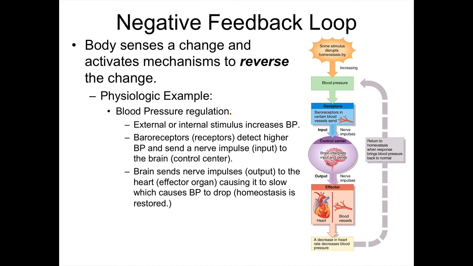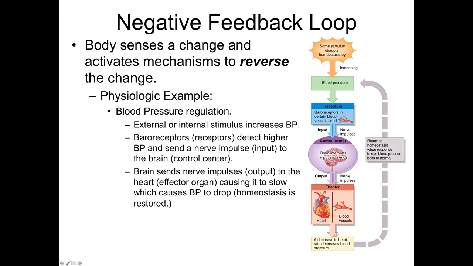Normal blood pressure is about 120/80. So something happens and your heart starts to beat faster, your blood pressure goes up. The baroreceptors are going to detect this change and they are going to send an afferent signal to the brain, which is the control center. The brain right here is going to interpret that change, make a decision of what needs to be done, and send out an efferent signal.